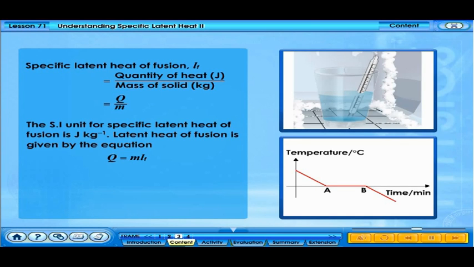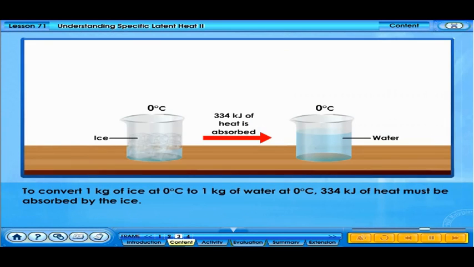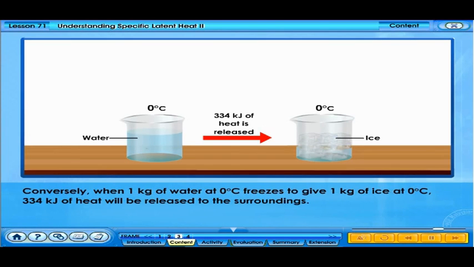Latent heat of fusion is given by the equation Q equals M times LF. To convert 1 kilogram of ice at 0 degrees Celsius to 1 kilogram of water at 0 degrees Celsius, 334 kilojoules of heat must be absorbed by the ice.